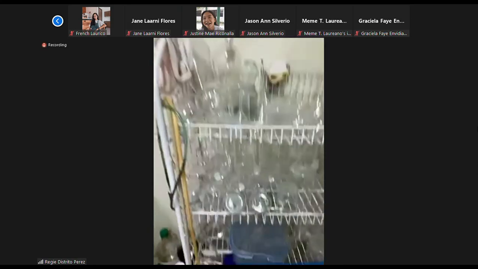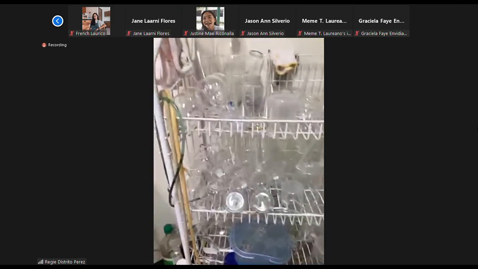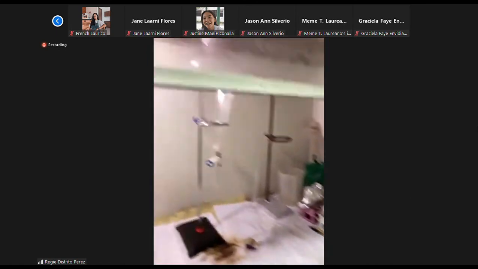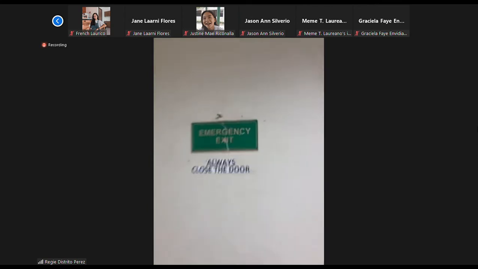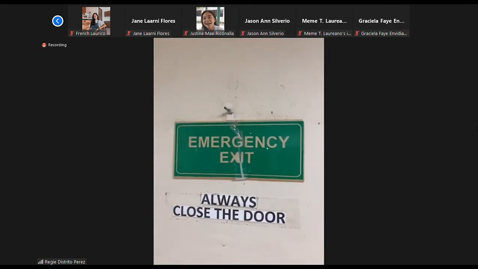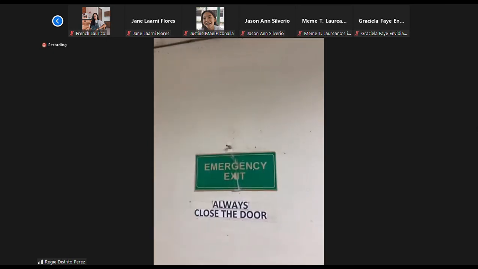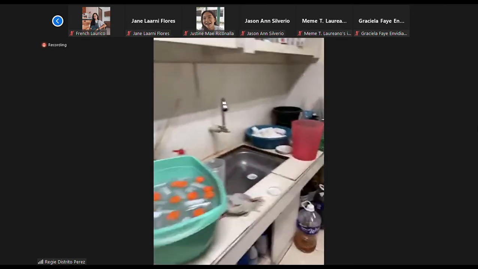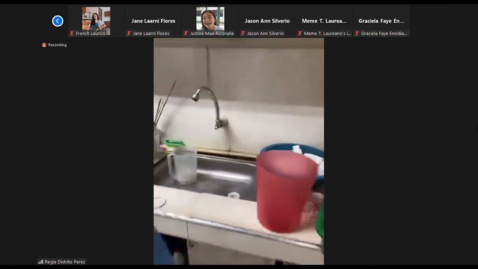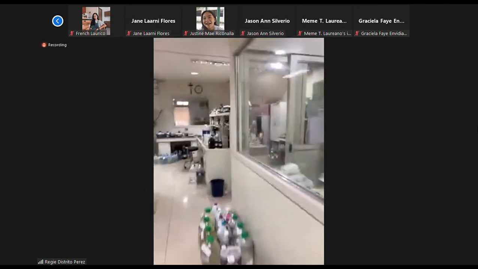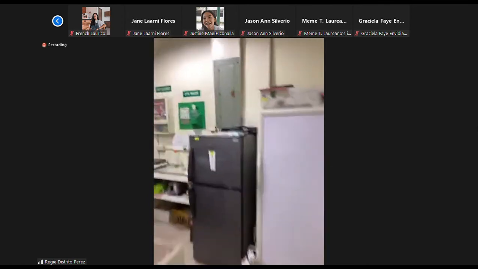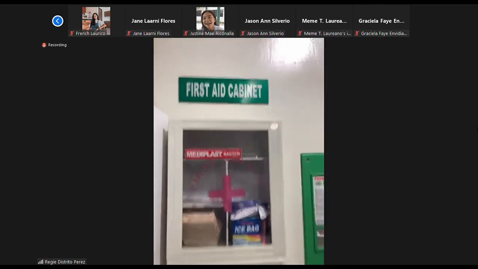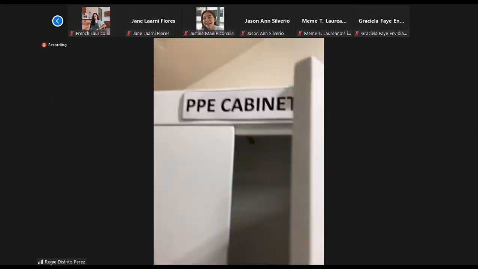Also the glass spares. And also it should have an emergency exit and then exhaust. A washing area. Last part is the first aid cabinet, and also the PPE cabinet.